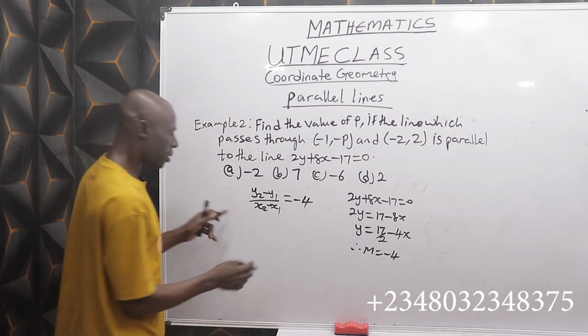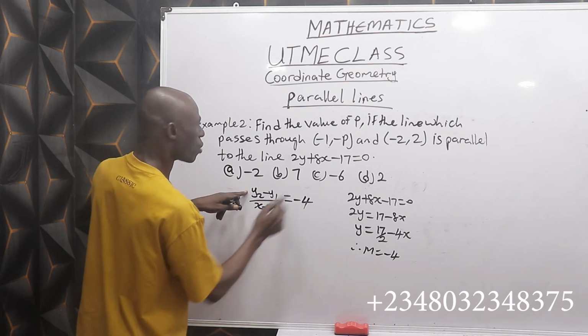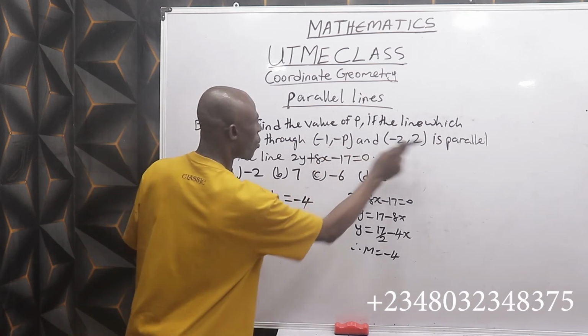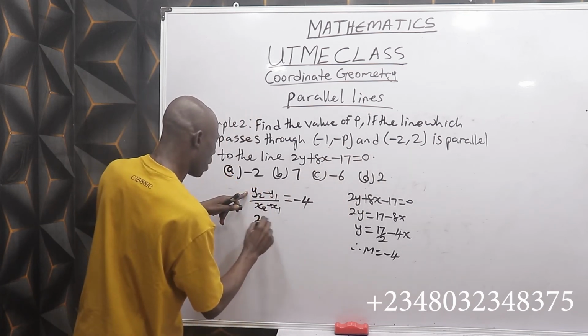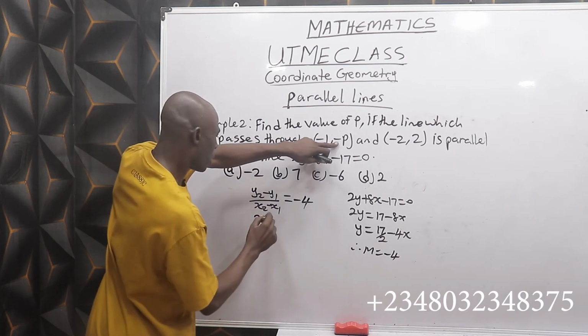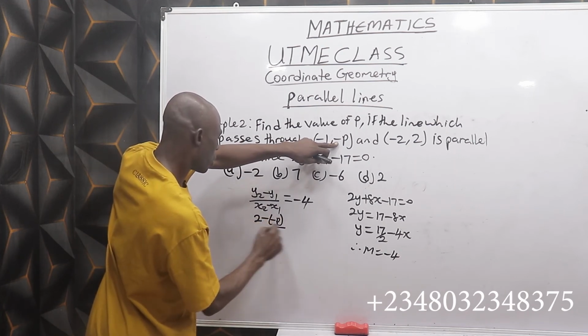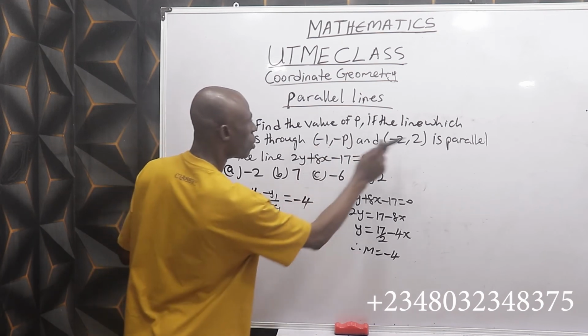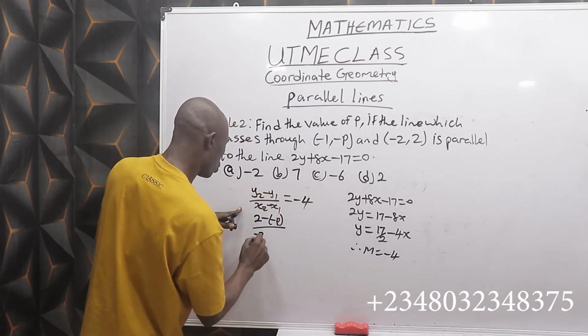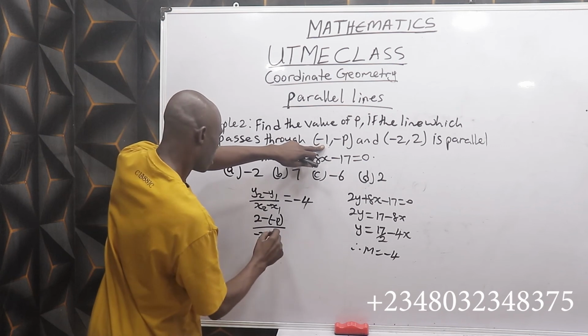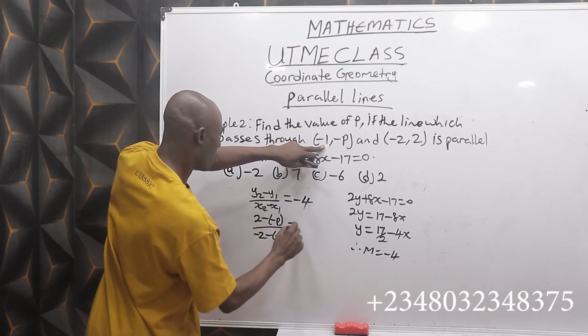Do you understand? And what is the gradient? y2, which is 2, minus y1, which is minus p, over x2, which is minus 2, minus x1, which is minus 1, equals minus 4.